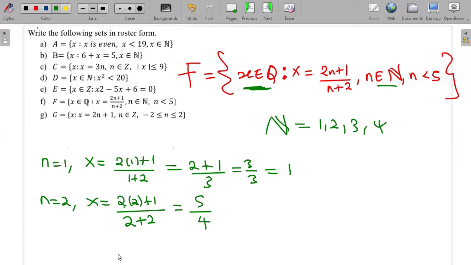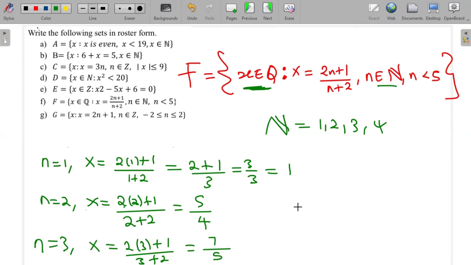All right, what about when n is equal to 3? x will be equal to 2 multiplied by 3 plus 1 over 3 plus 2. On top here, I have 2 multiplying 3, that is 6, and then plus 1, that is 7, divided by 3 plus 2, that will be 5.